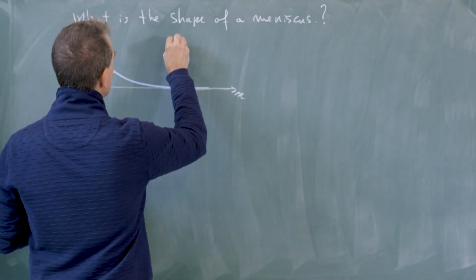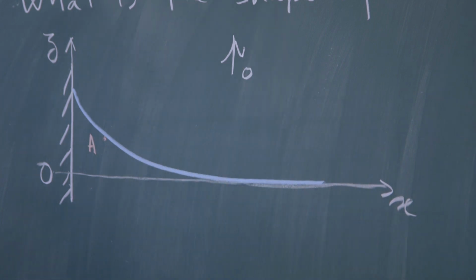So what we know is that the pressure in the air is the ambient pressure that I call P0.